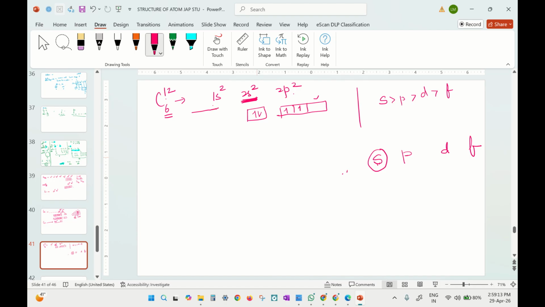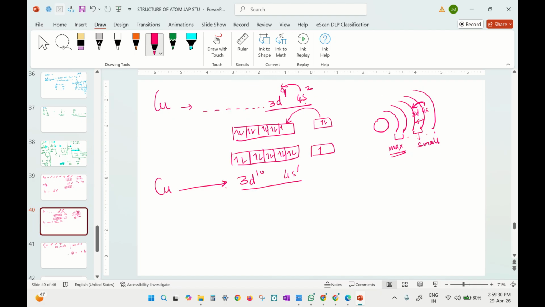Filling up of the various orbitals happens in increasing order of energy. So which has got lesser energy, 2s or 2p? The electron would rather like to stay in 2s than in 2p. Whereas here it was moving from the fourth to the third shell, right? Understood?